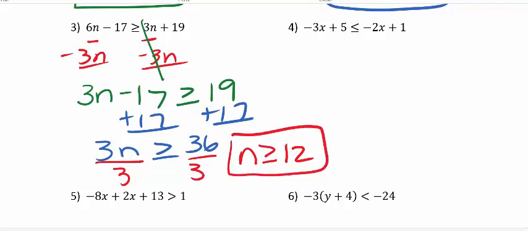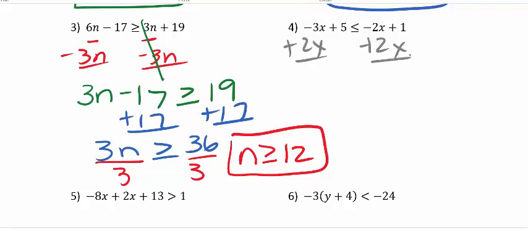In number 4, we're going to do the same thing, because we want to get the x's together on the same side, and I always now with inequalities try to get them on the left-hand side. So I'm going to add 2x to this side and to this side. Therefore, this minus 2x and plus 2x goes away, and we have -3x plus 2x is going to be -x plus 5 less than or equal to 1.